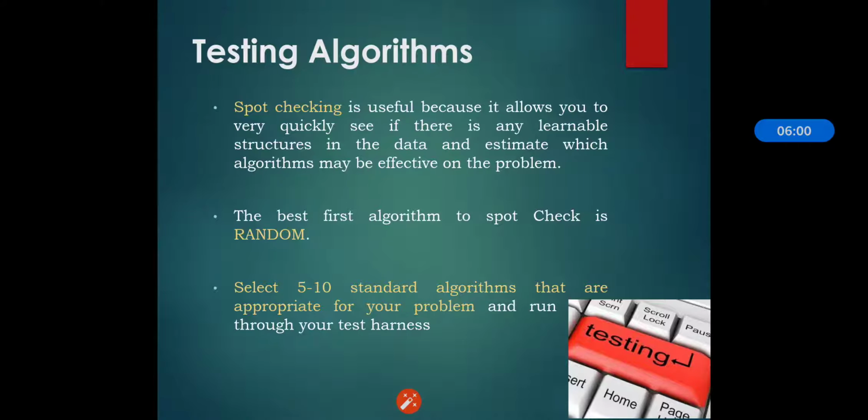Spot checking is useful because it allows you to very quickly see if there is any learnable structure in the data and can estimate which machine learning algorithm can be effective. The best first algorithm to spot check is random, and how we do that is to select 5 to 10 standard algorithms that are appropriate for your problem and then run them through your test harness.